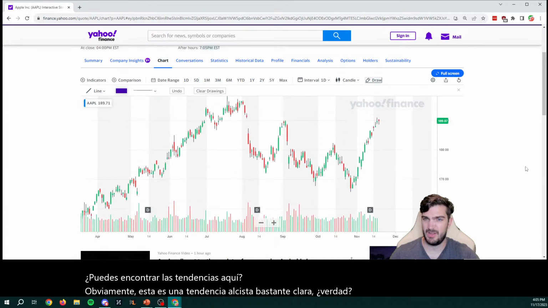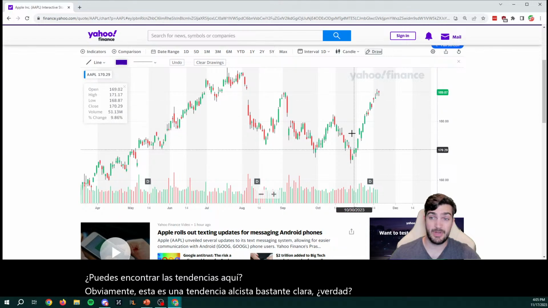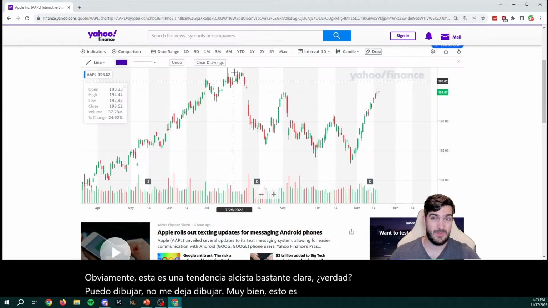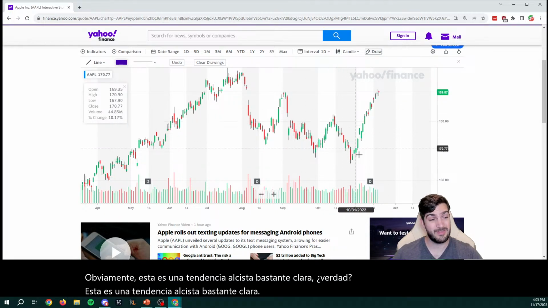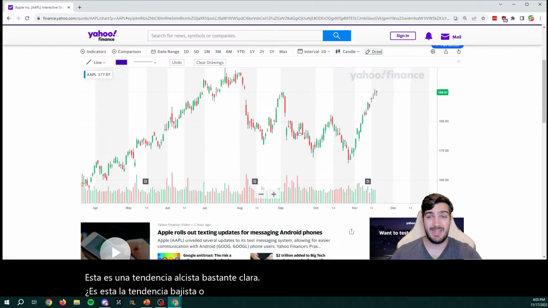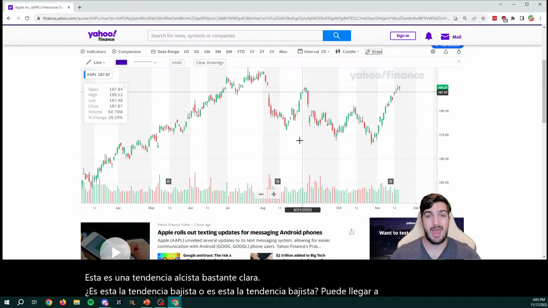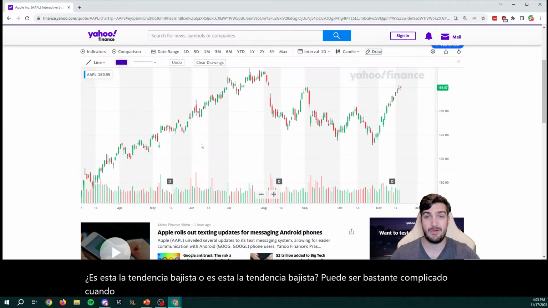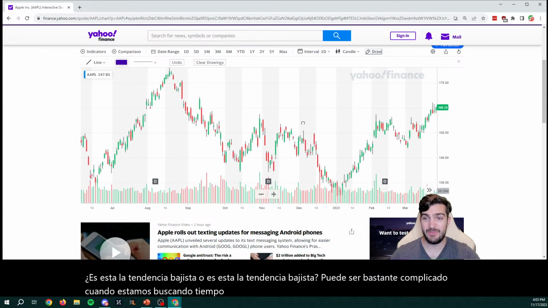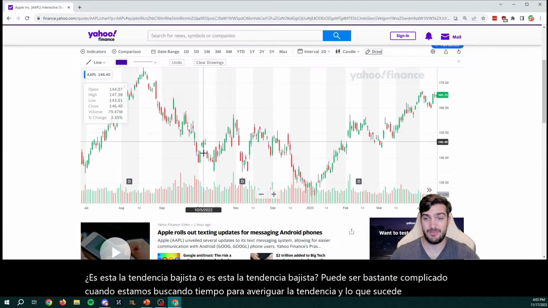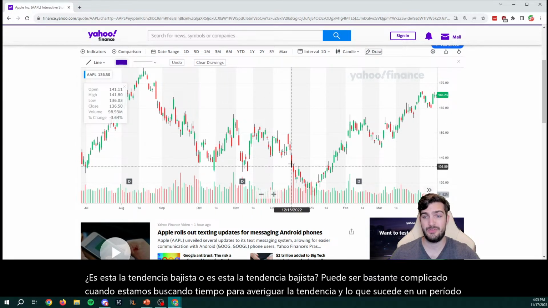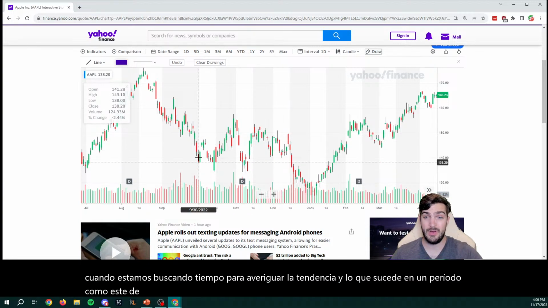All right. This is a pretty clear uptrend. Is this the downtrend, or is this the downtrend? It can get pretty messy when we're looking at time to figure out trend. And what happens in a period like this, from October to December of 2022, when things are kind of just going sideways?